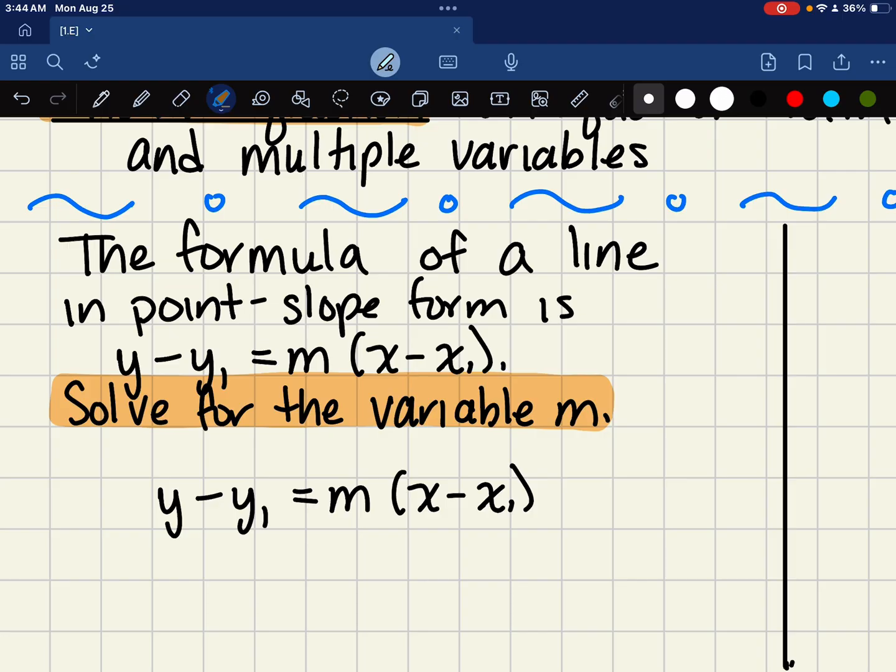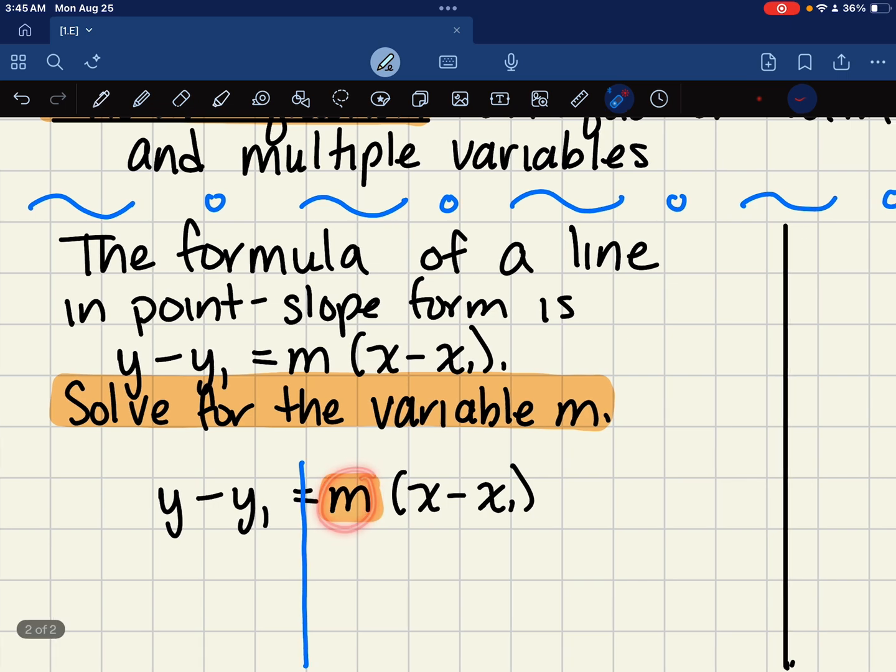All right. So the formula of an equation of a line in point-slope form, which we're learning about next unit, looks like this. They just want us to solve for the variable m. All right, so we're just going to do, it's going to be real fast. Oh, I don't use red for my river. Okay, so this m is actually pretty easy for us to access.